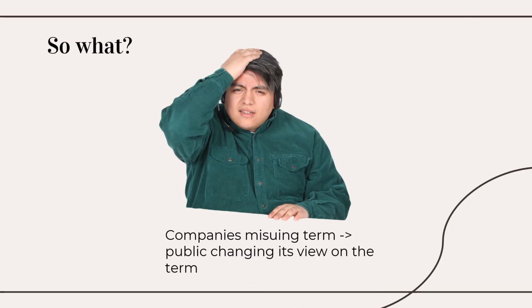Anyways, why does this matter? Why am I so pent up over this? It's because if companies misuse terms, think what happened to VPNs. People think they know what VPNs are about. They don't. The public will change its view on a term if they see it misused often enough. If someone doesn't know what something means, how a VPN works, for example, or what security by design means, and someone says, "Hey, I know what it means, and it's this thing," they're going to believe you, and this is not good.